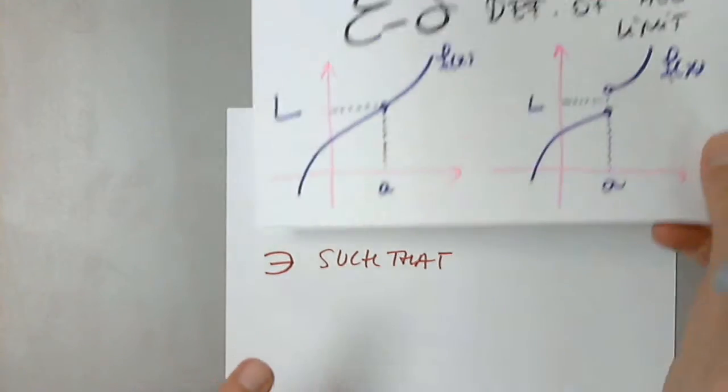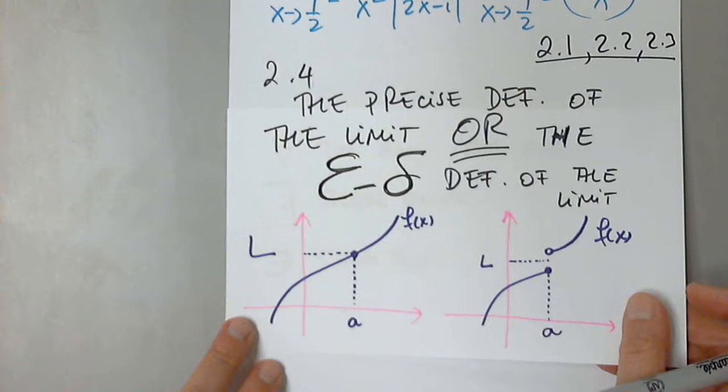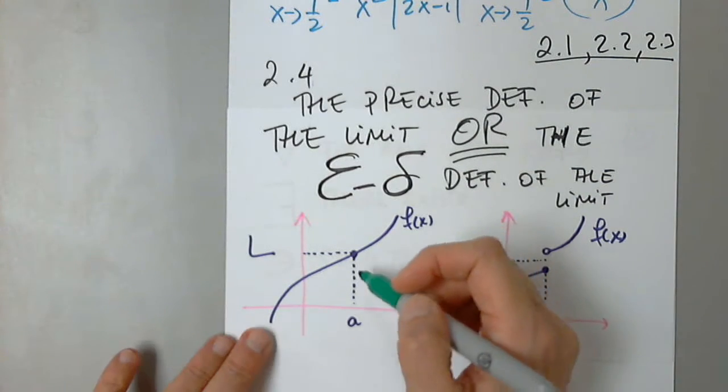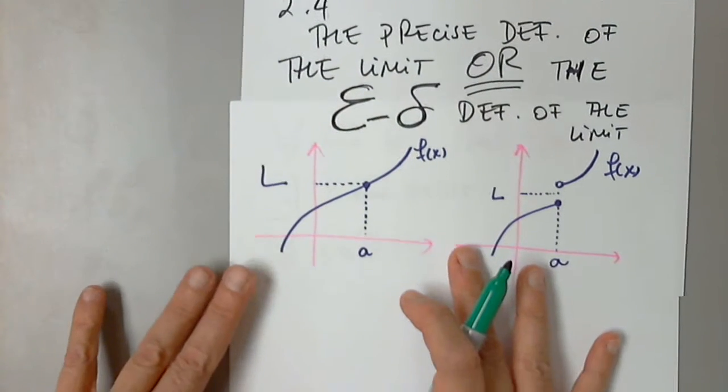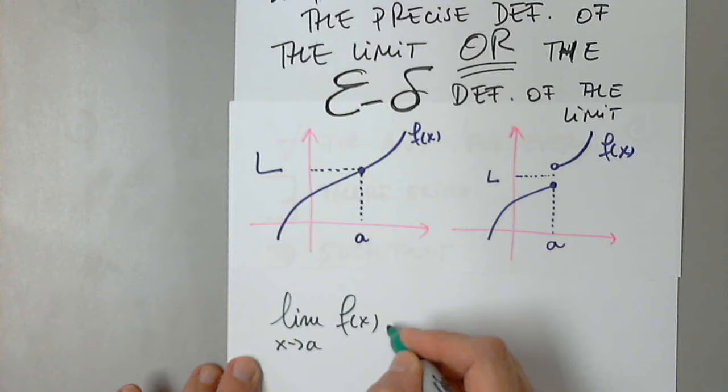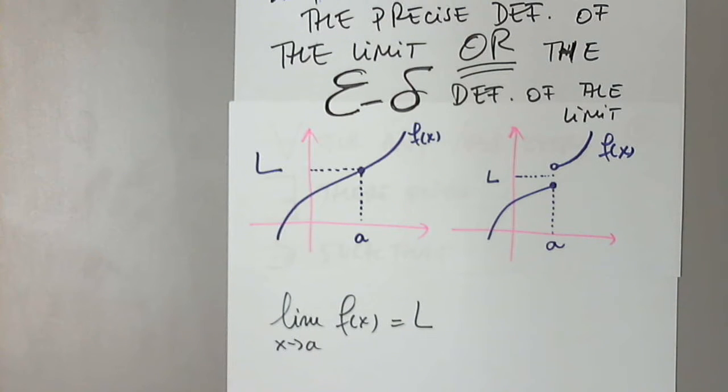Okay. So coming back here, I'm going to give you the mechanism, and then I'm going to put it in writing. And then I'm going to read it again, and then we'll talk about it. We all agree that this limit of f of x as x approaches a from either side is L. We agree.